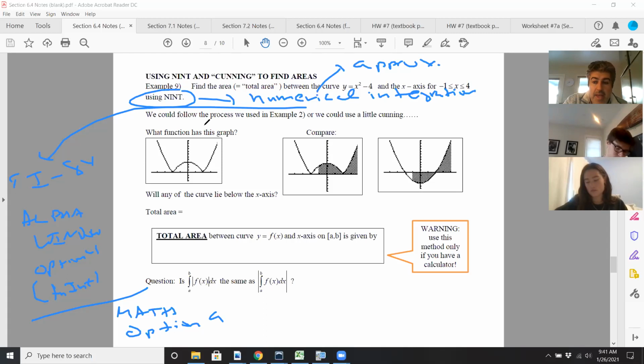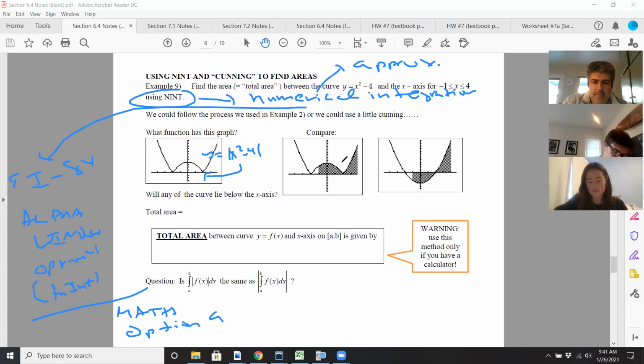Anyway, let's look over here. What function has this graph? If we think about it, it's actually the absolute value of x squared minus 4, because you take the portion below the x-axis and flip it over the x-axis.